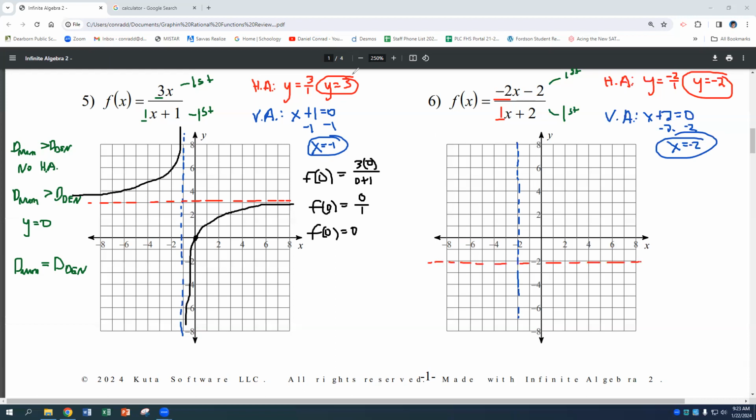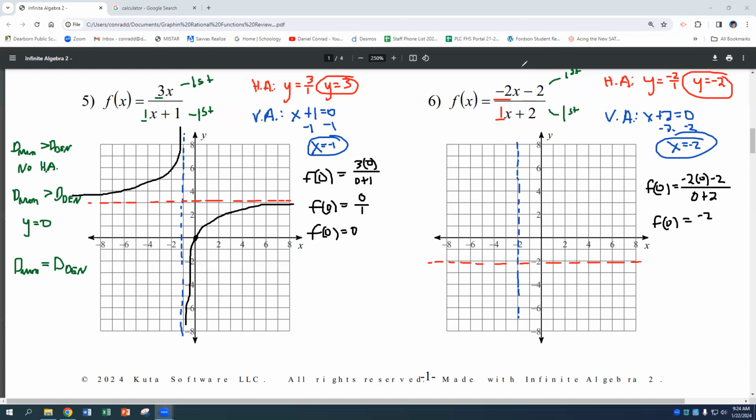Okay, and then you pick a point. I like 0. 0 is my favorite. It's the easiest to work with. So I'm going to do f of 0. So I get -2 times 0 minus 2 over 0 plus 2, which is going to give me -2, right? 0 minus 2.